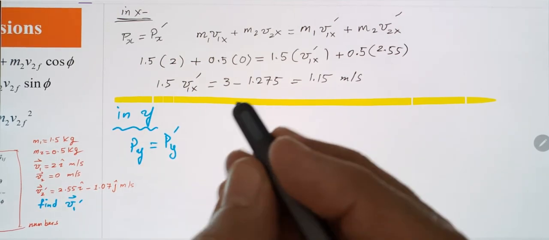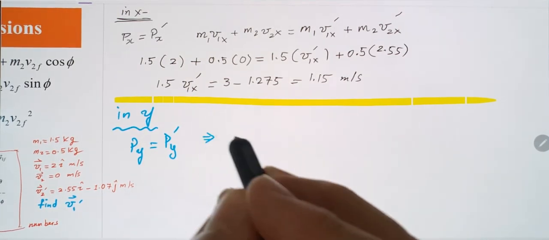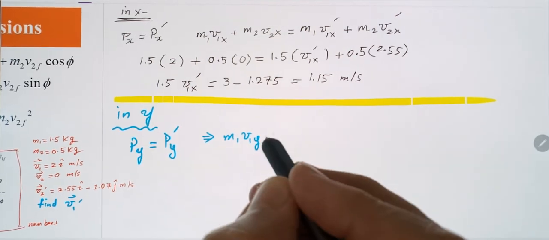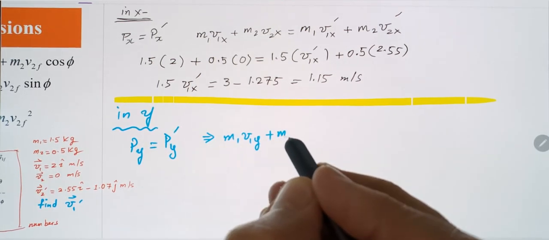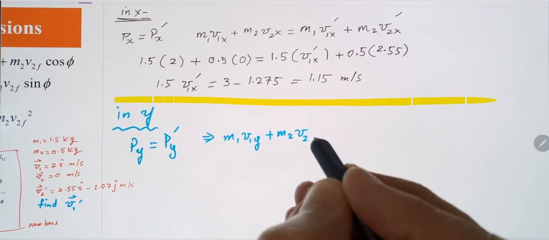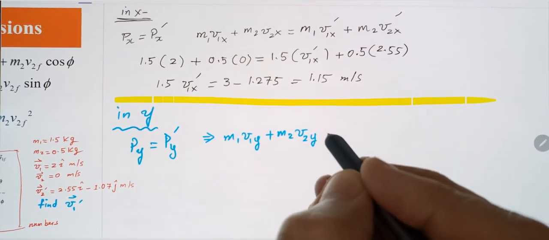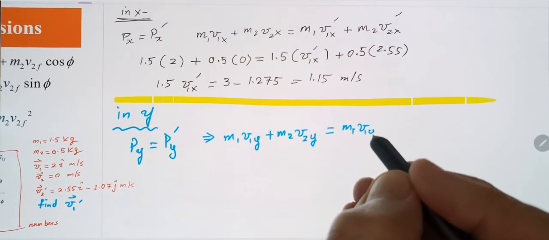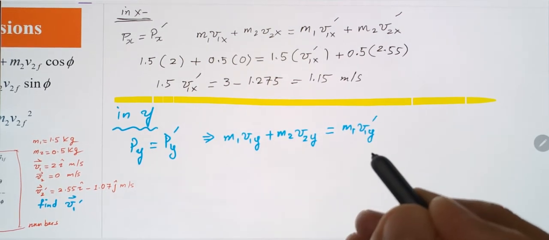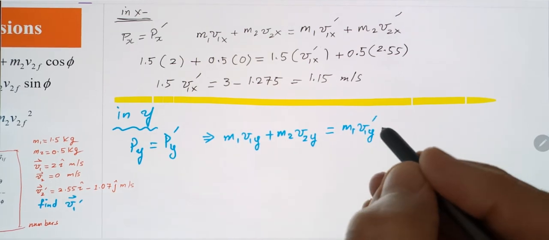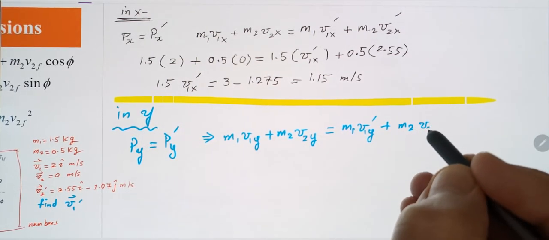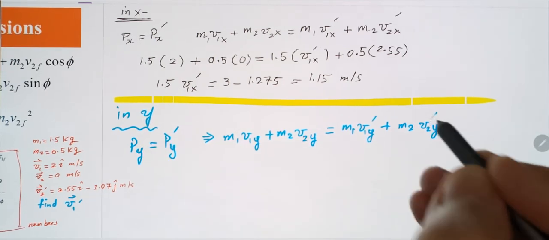So that means M1 V1y plus M2 V2y must equal M1 V1y after the collision, prime means after, plus M2 V2y prime.